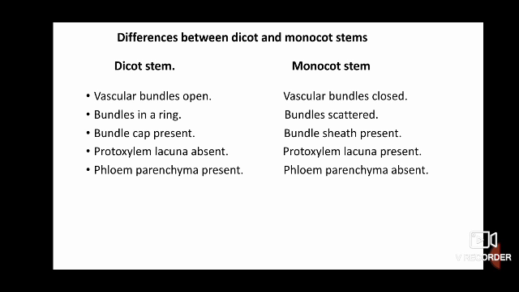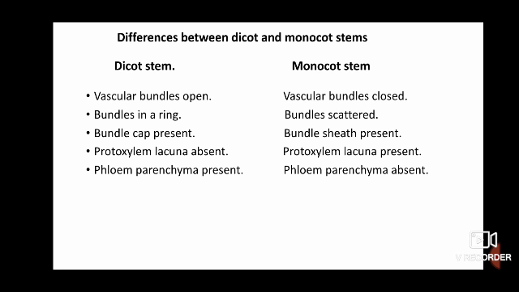In the monocot stem, the bundles are scattered irregularly and the bundles are closed. There is no cambium present in between xylem and phloem. The proper arrangement of vascular bundles in the dicot stem is called eustele, and the irregular scattering of the monocot vascular bundles is called atactostele.